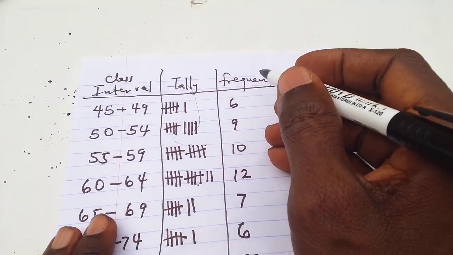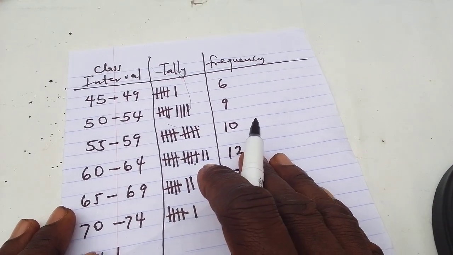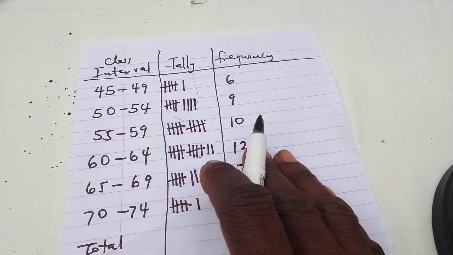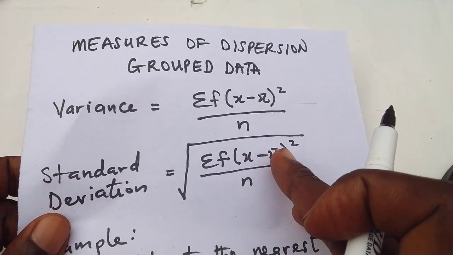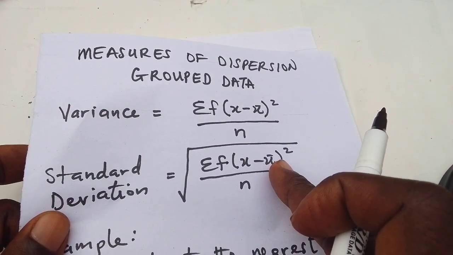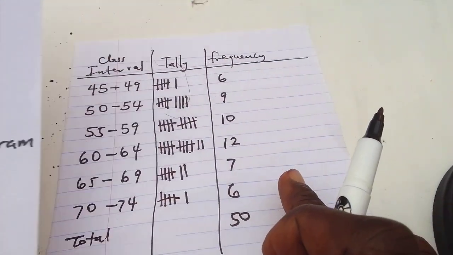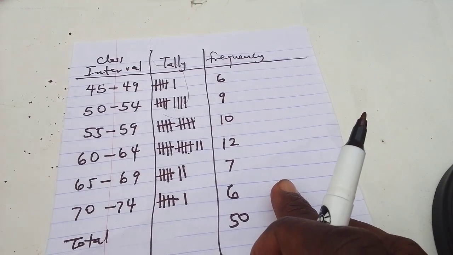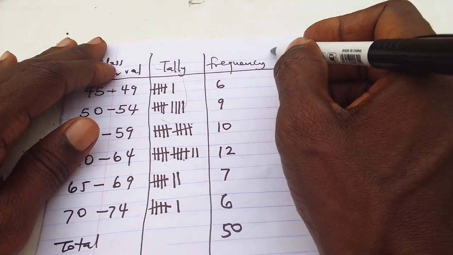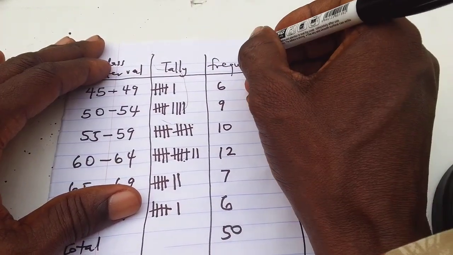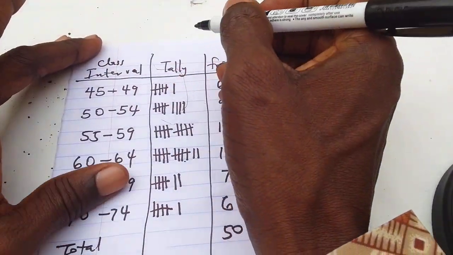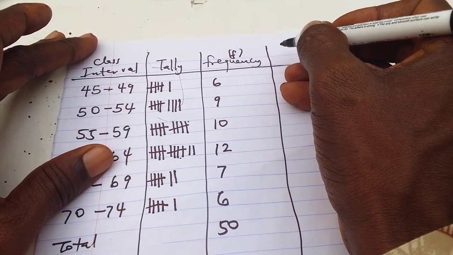Now, since this is group data, for us to be able to calculate, we said we will need what? X minus the mean. So we need to know the value of the mean. That means we need to calculate the mean. To calculate the mean of group data, this frequency is taken to be the f. Now we need to get the mid value.